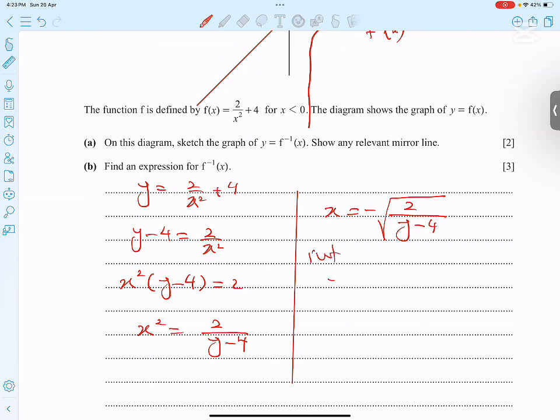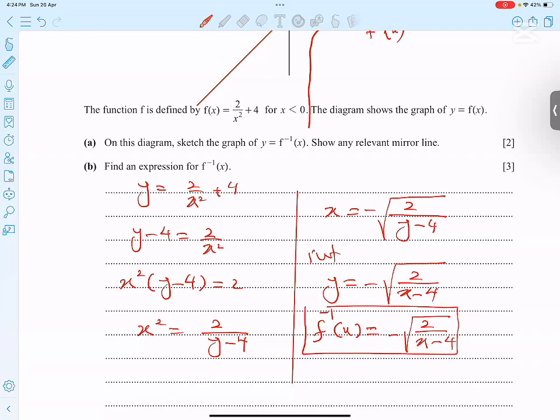Interchanging, x becomes y and y becomes x. And this value turns out to be, you know it very well, f inverse of x is negative root of 2 over x minus 4, which is our final answer.